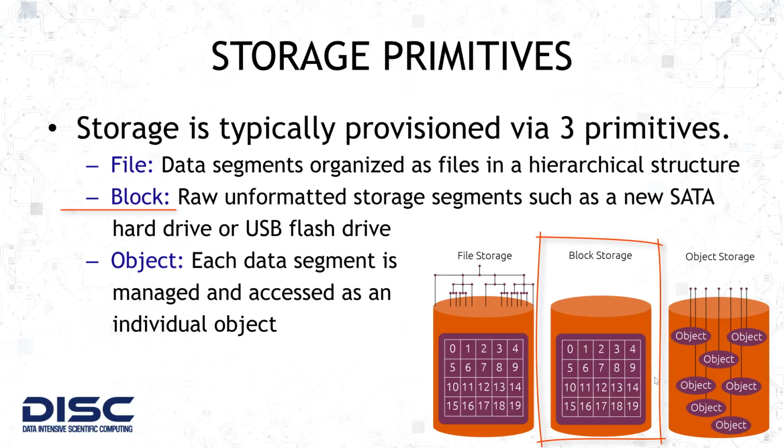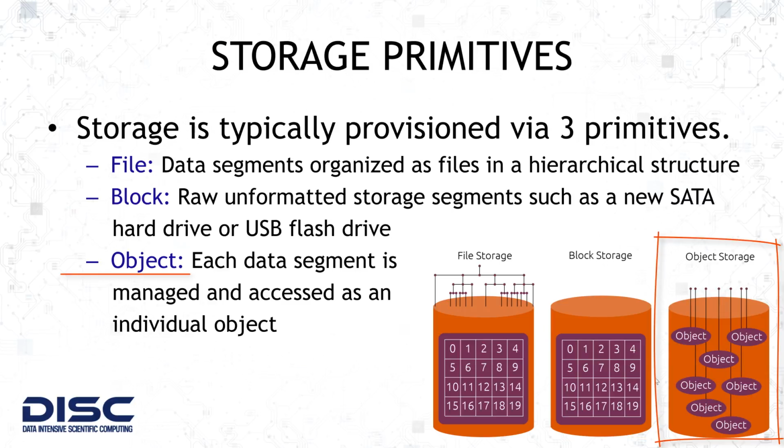Now, some file systems will utilize that to push the blocks around multiple hard drives or across different servers. So the block concept is important in understanding how that file system might be put together. But understand, block storage is considered as raw storage. It hasn't been formatted. It has no structure like your traditional file storage system.